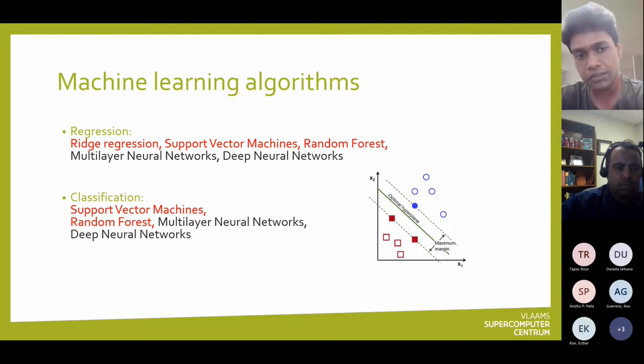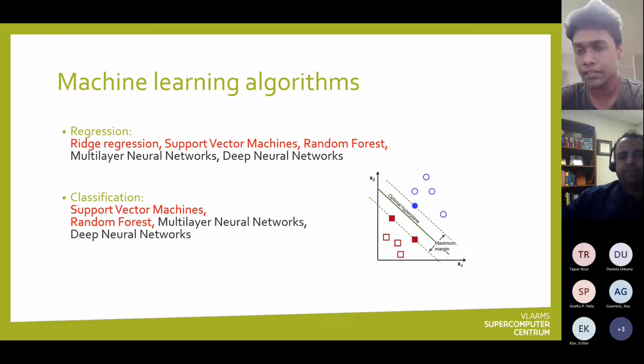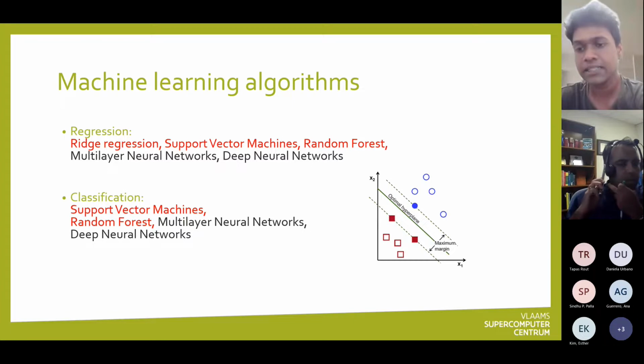And for classification, you can use the same support vector machine, random forest, multi-layer neural network, and deep neural network. So what do you mean by classification? Classification is like if I classify the cows with a yield of more than 5 liters per week as one class, and less than 5 liters a week as another class.